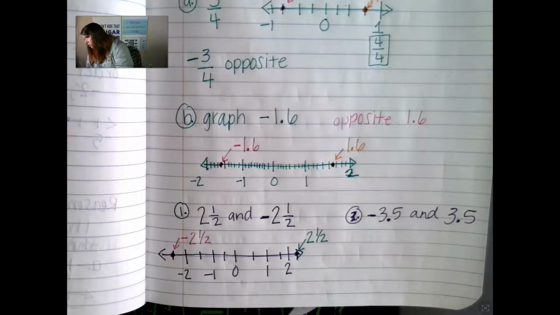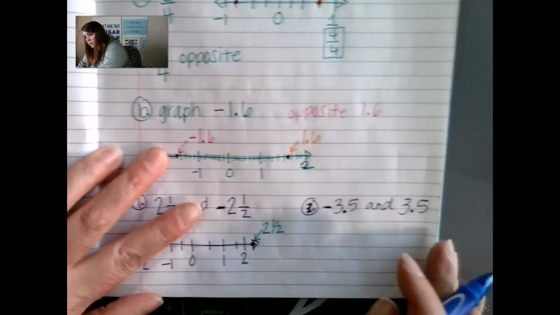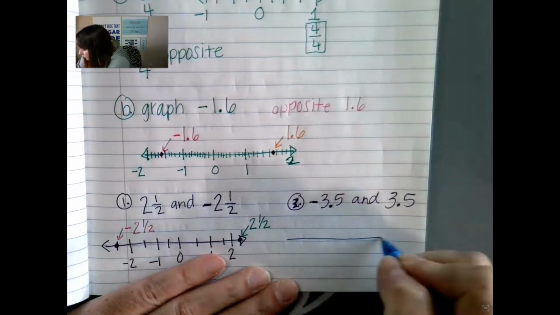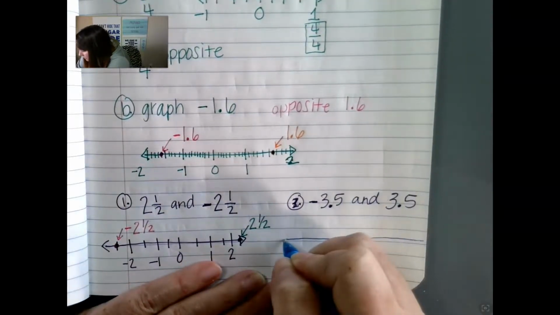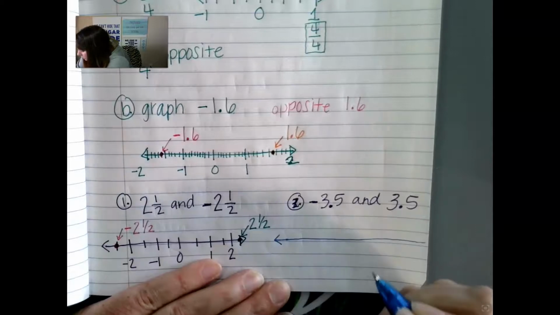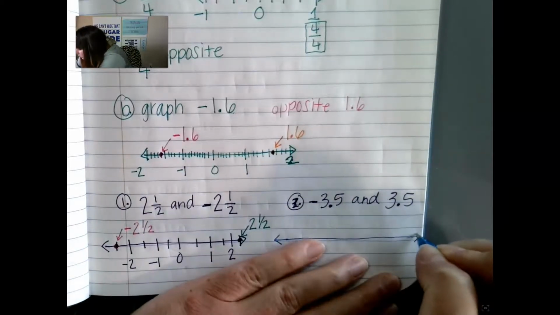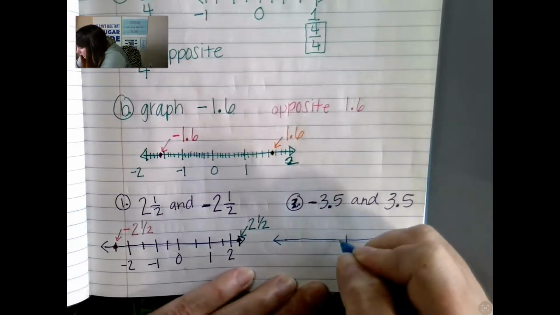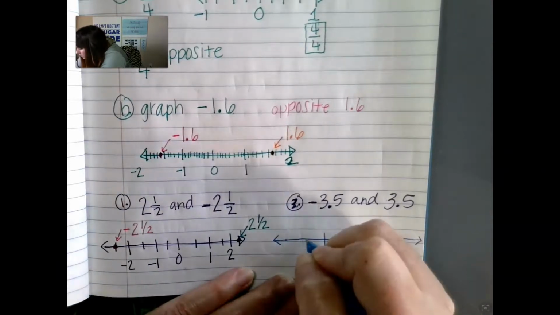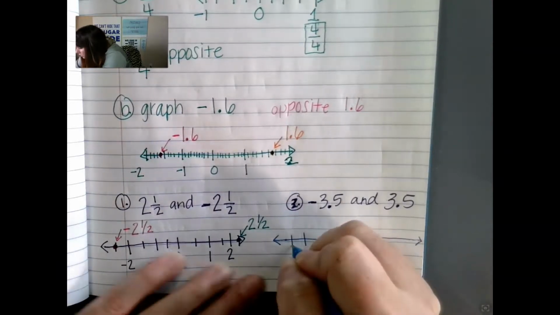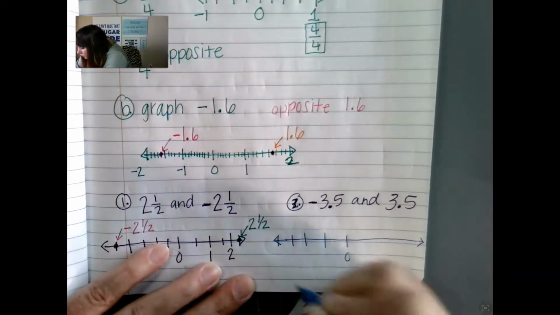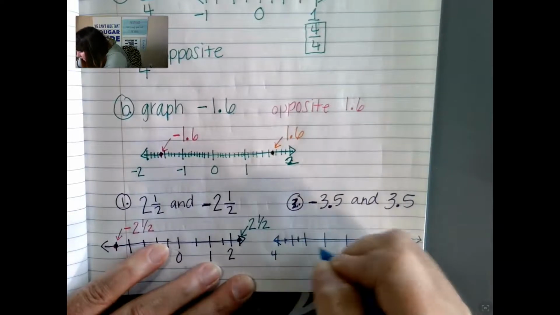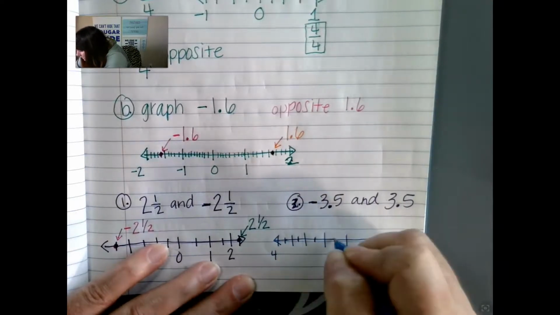So number 2, -3.5 and 3.5. So I'm gonna draw this and like this, and there's my 0. All right, so let's go 1, 2, 3, there's 4, and I need the halfway mark in between each of these.